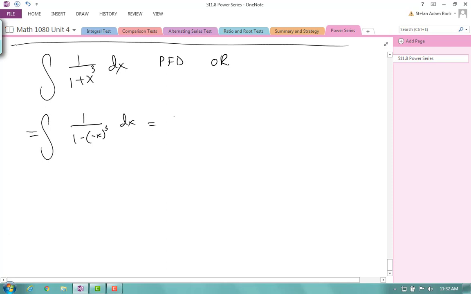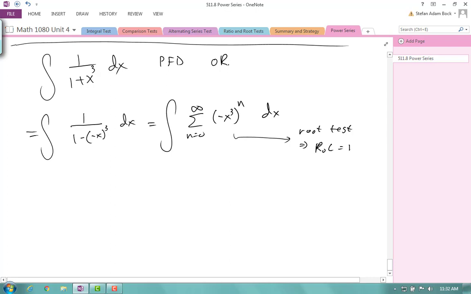This is equal to the integral of the sum from n equals 0 to infinity of negative x cubed to the n. If I do the root test, I'm going to get the radius of convergence, ROC, is equal to 1.